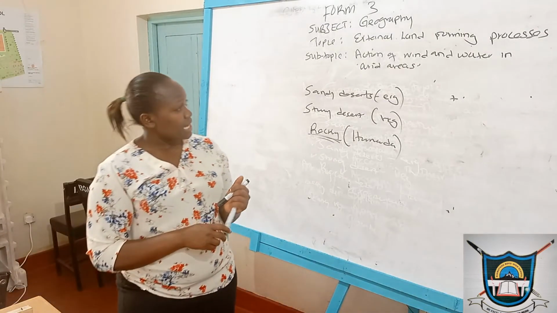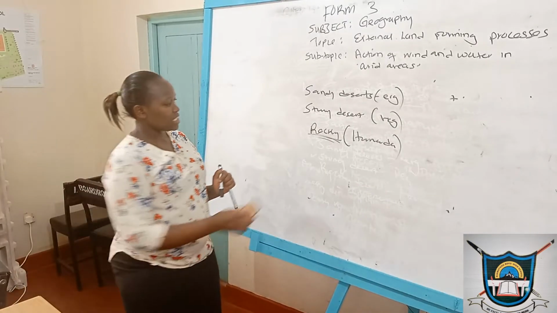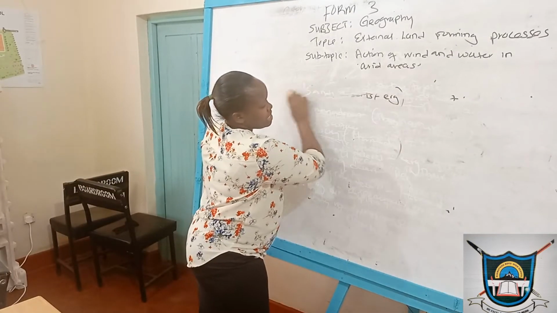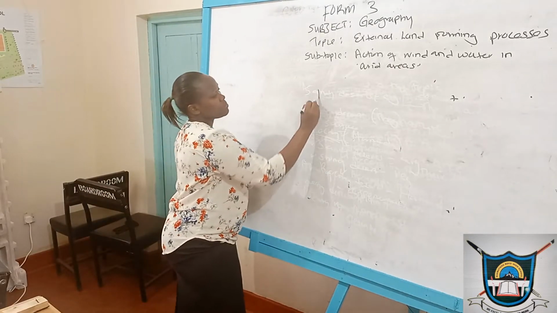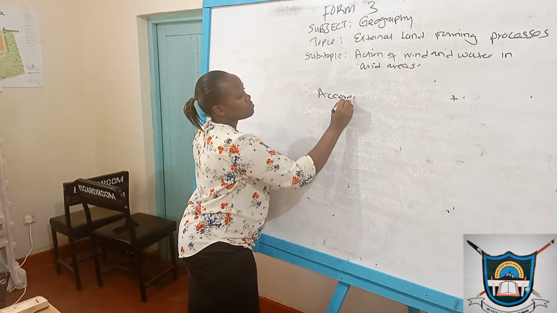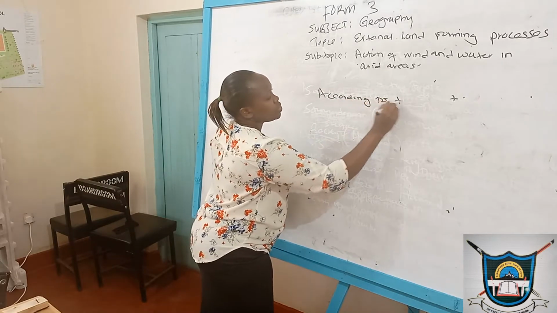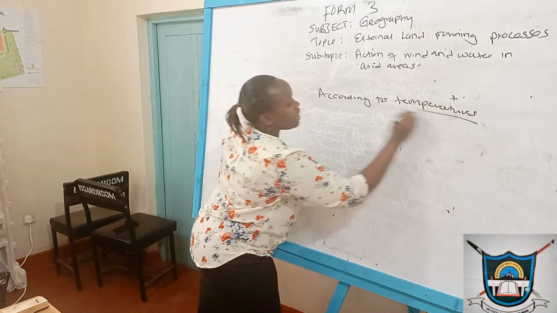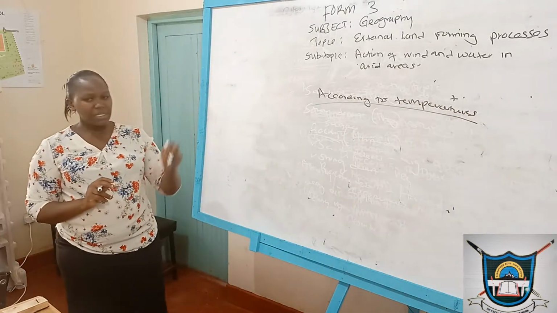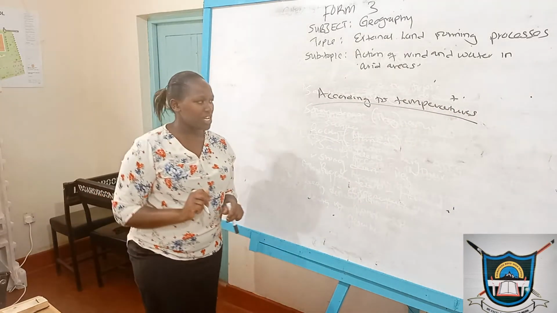Now we go to the other classification, that is under temperatures. According to temperatures experienced, we have two types of deserts.